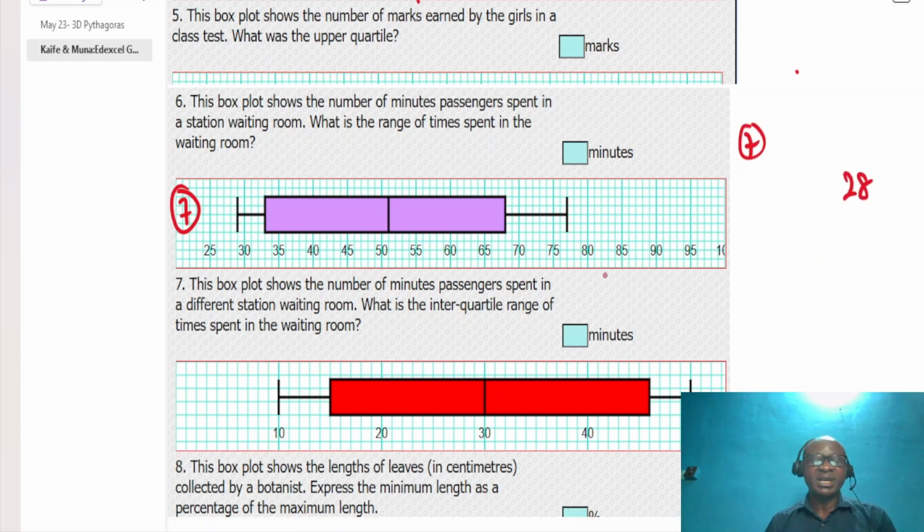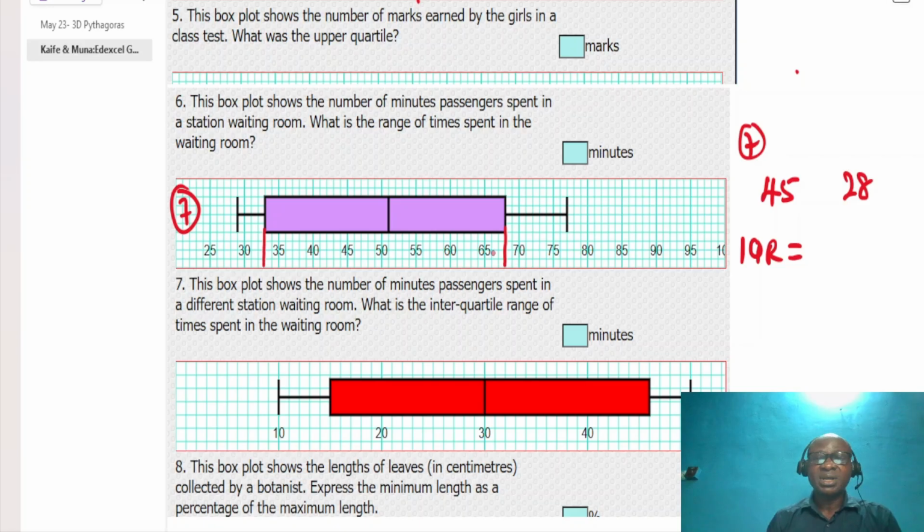Kaife, what did you get? 45. Did you say 45? Yes. Okay, so I write 45. Let's see who got the correct answer. According to the question, we are asked for the interquartile range. Based on the formula I gave you this morning, the interquartile range is the upper class boundary minus the lower class boundary.